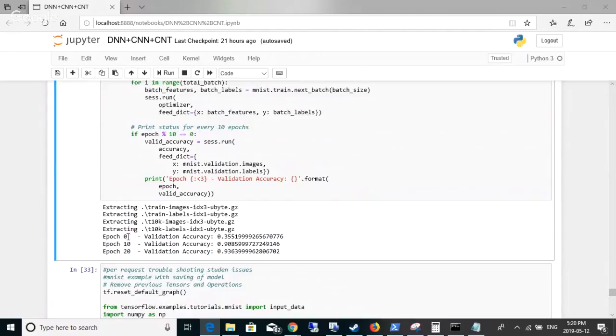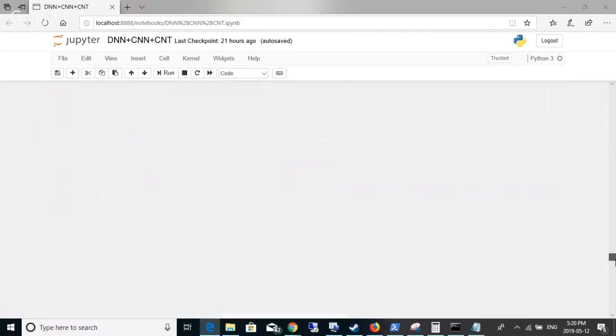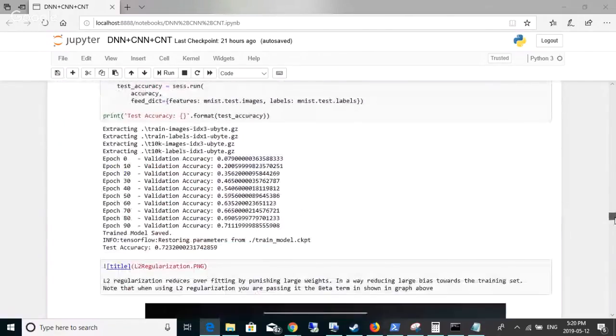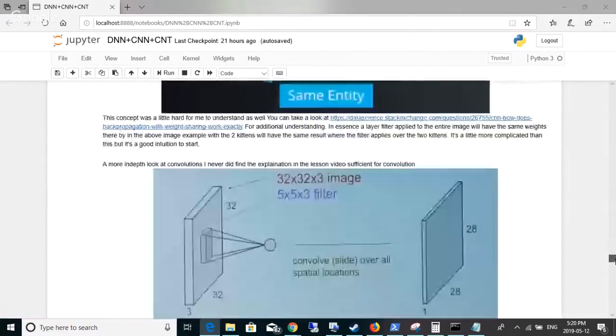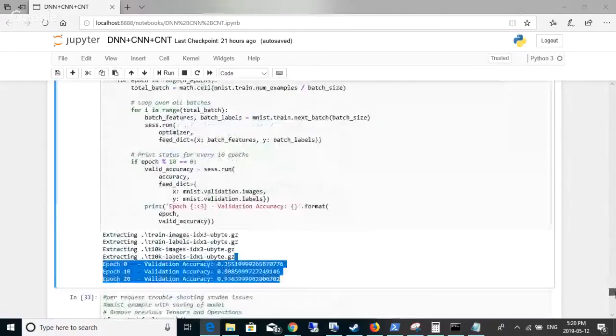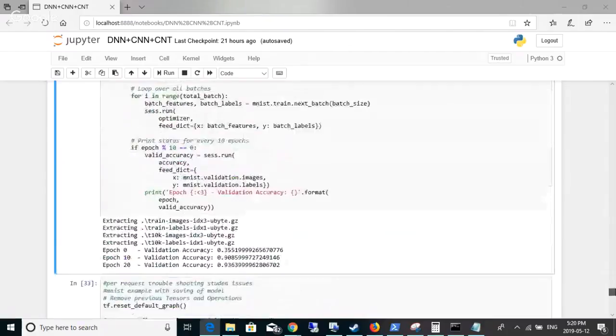This is reporting from 0 to 10, like it's reporting them wrong. This is actually 10 epochs, this is 20, this is 30. But you can see in 30 epochs, it's already doing better than 90 epochs of just using fully connected layers. Convolution is a lot more powerful. It recognizes a lot more concepts, and it's able to classify handwritten digits much better.